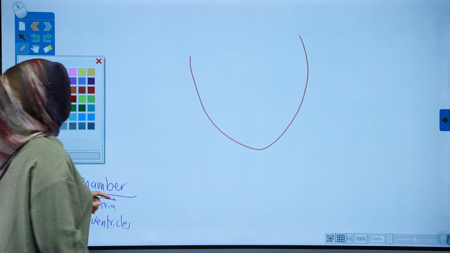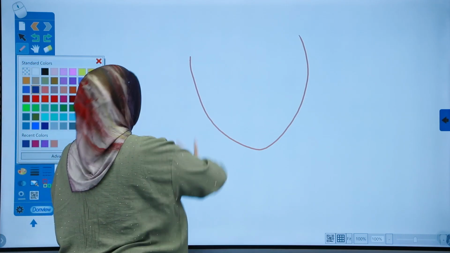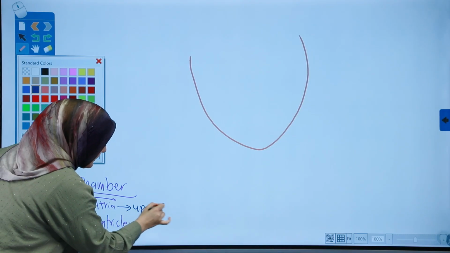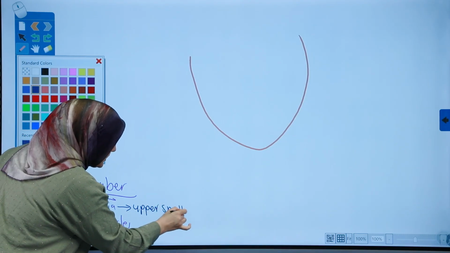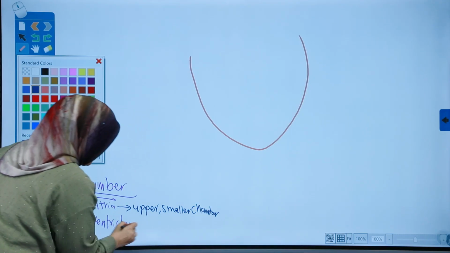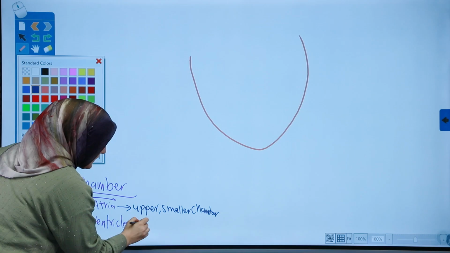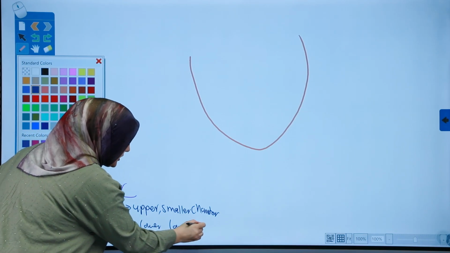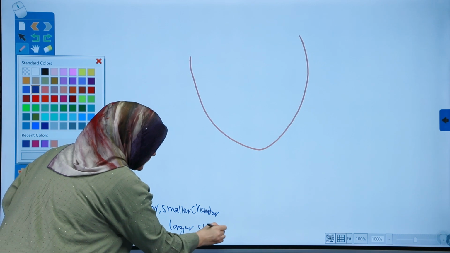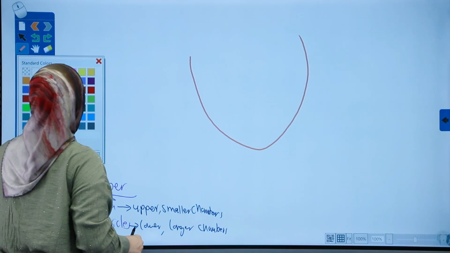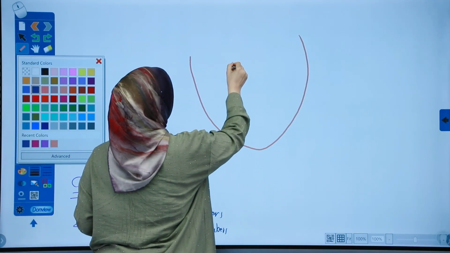Let's check it out. See this side, the atria are the upper, smaller chambers, while the ventricles are the lower, larger chambers. Okay? If we start drawing, let's see. There we go.